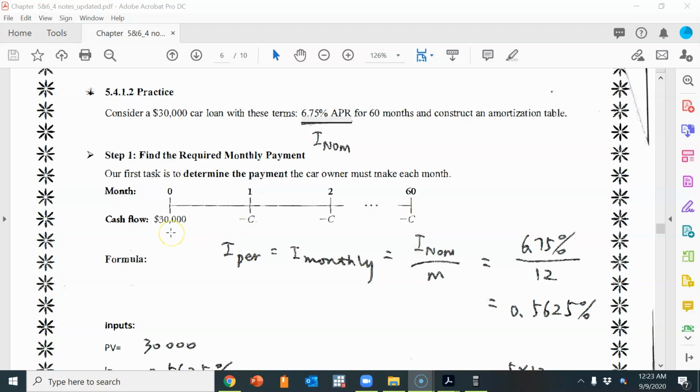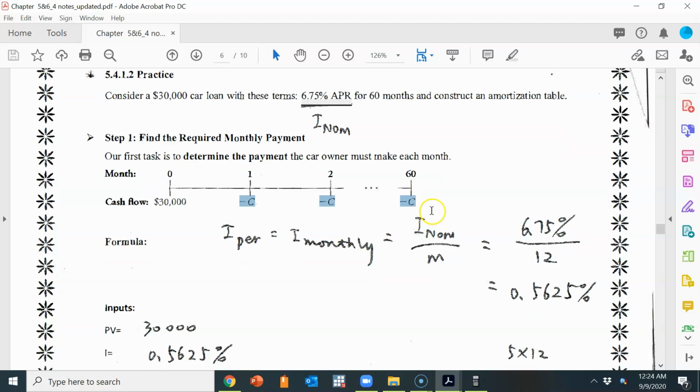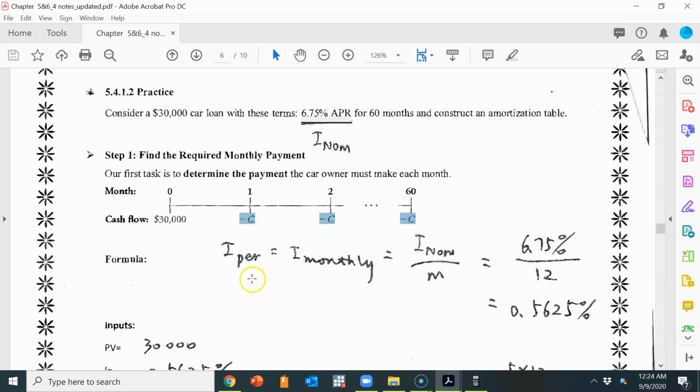At time 0 today, we're getting a cash inflow of 30,000 as the original amount of the loan. And we're paying 60 cash flows. It's an ordinary annuity paying 60 times. In the future, we're going to have 60 cash outflows. So let's first calculate the periodic rate, or monthly rate.